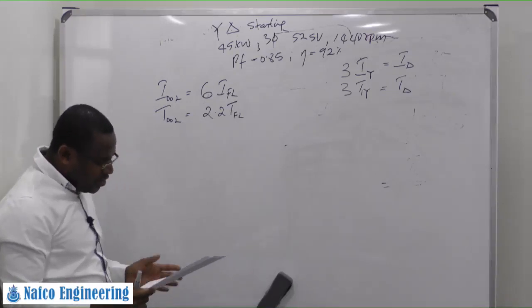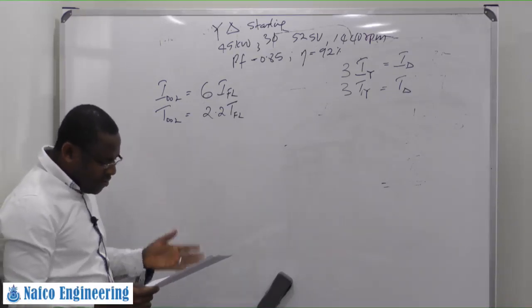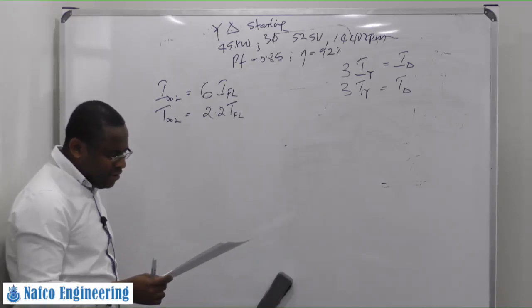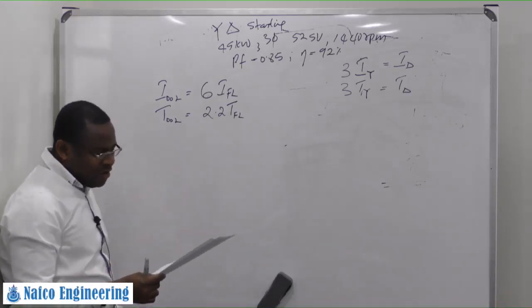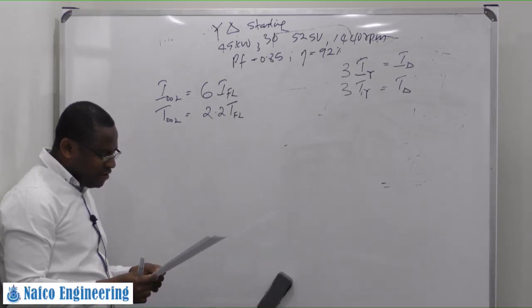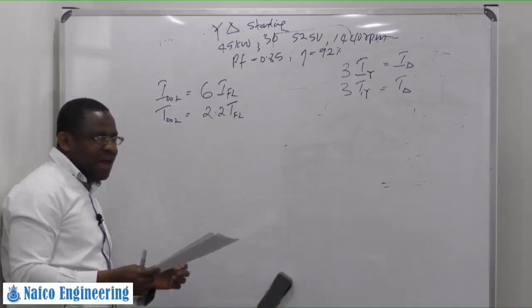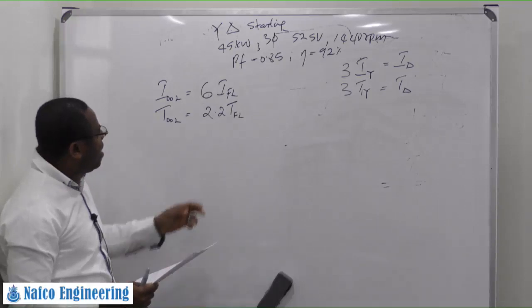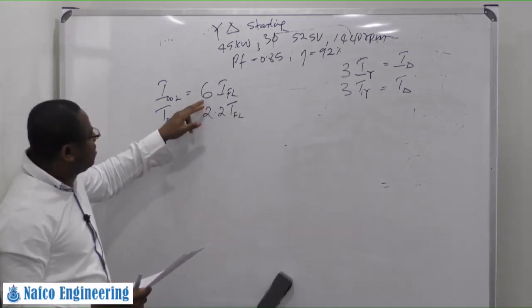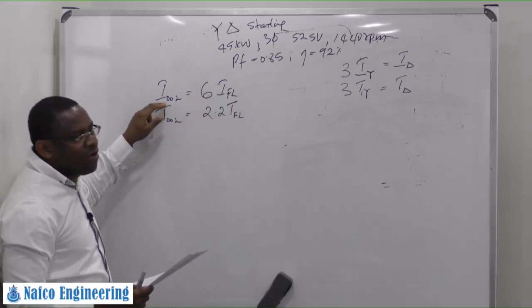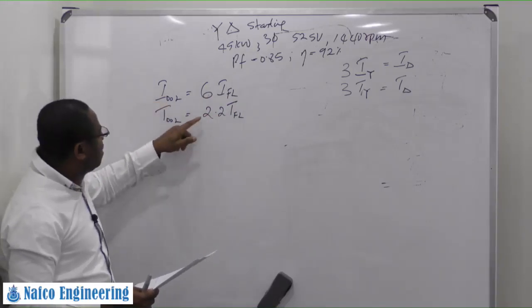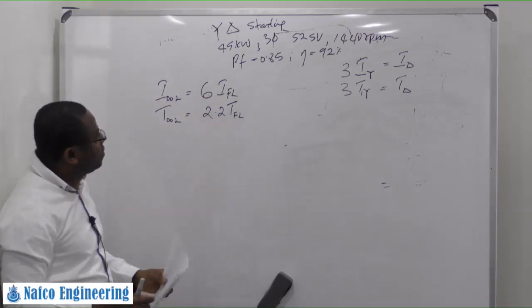So the question says, sorry, establish the current drawn and the starting torque when it is started by means of star delta. This is 6I full load on direct on line, and this is 2.2 full load torque.